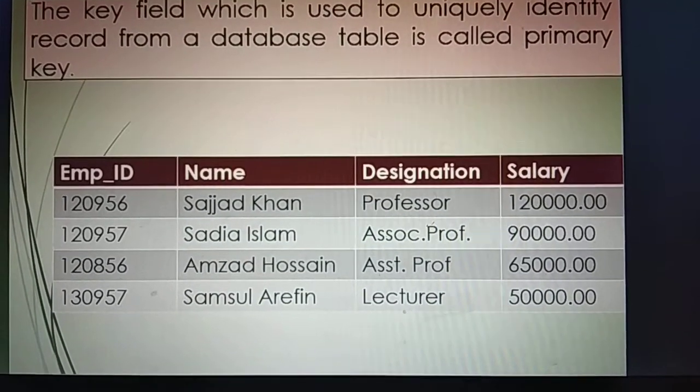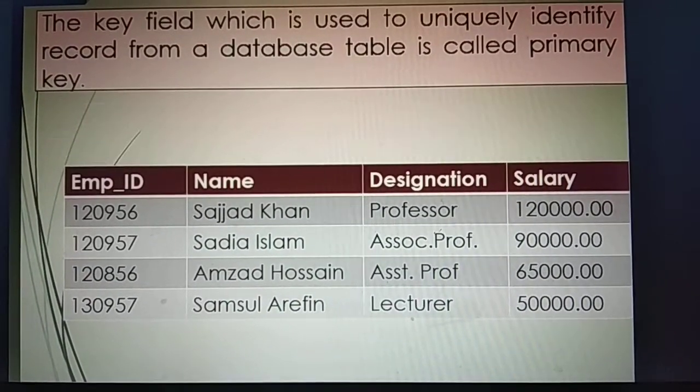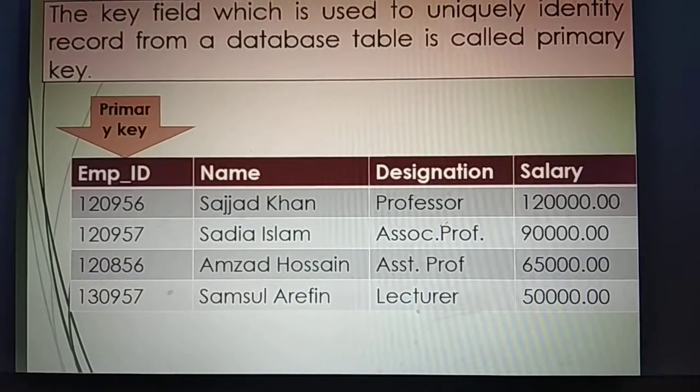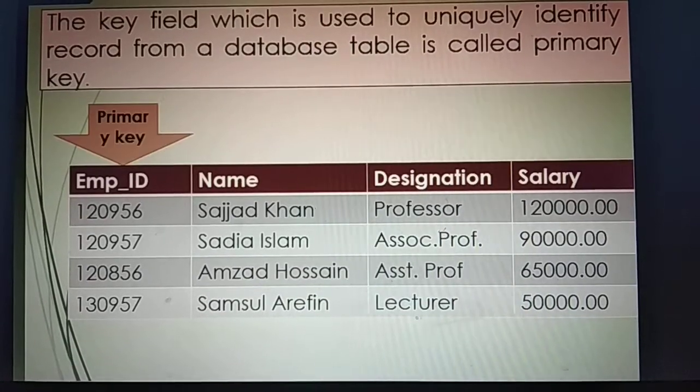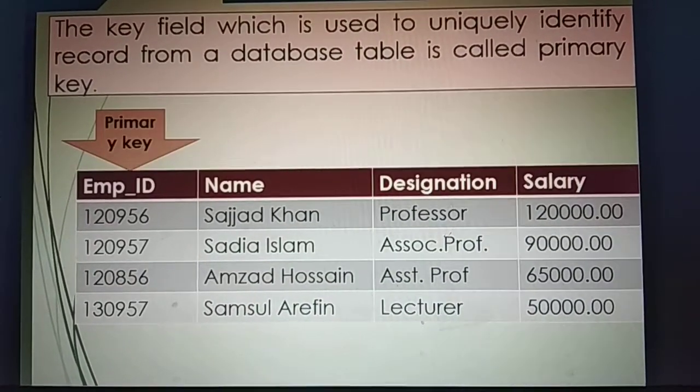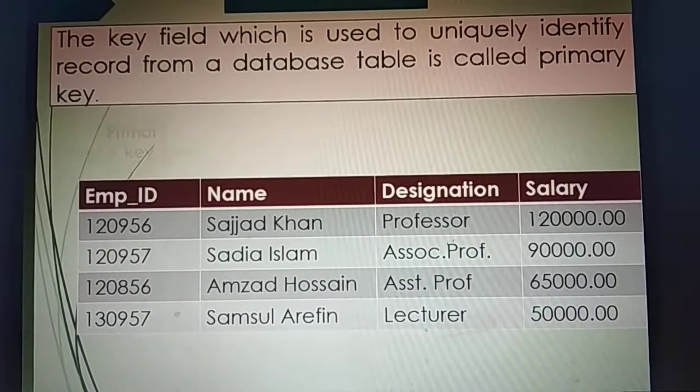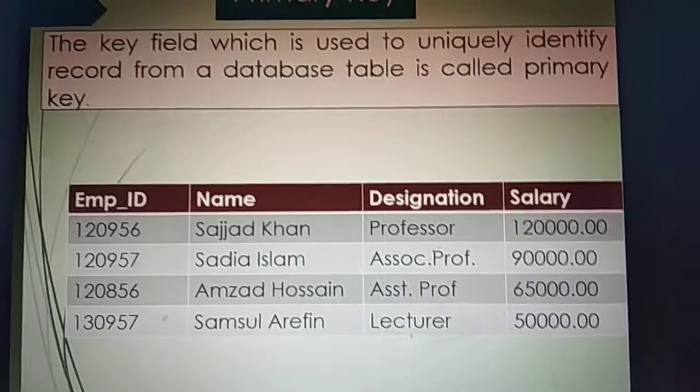That means every employee has their own unique ID. So by using this ID, we can identify any employee or retrieve information of any employee from this database. So here employee ID is the primary key.